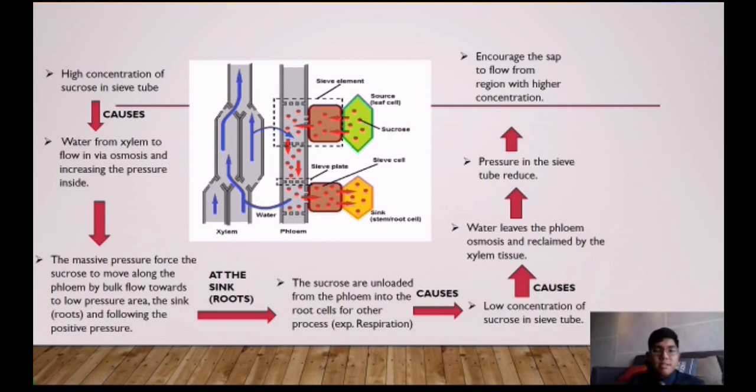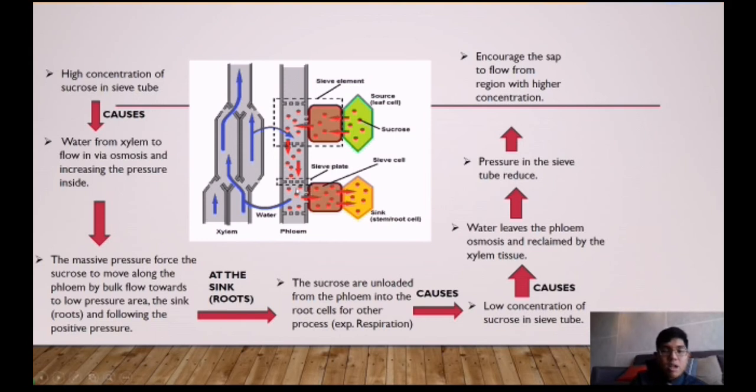Now at the roots, the sucrose is unloaded and used for certain processes like respiration. Because of this, the concentration of sucrose in the sieve tube will drop rapidly.